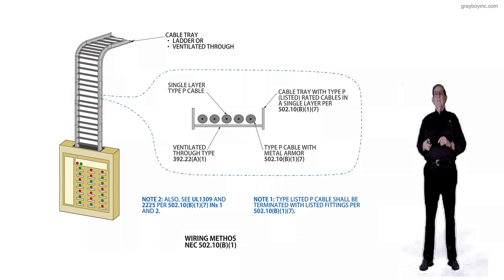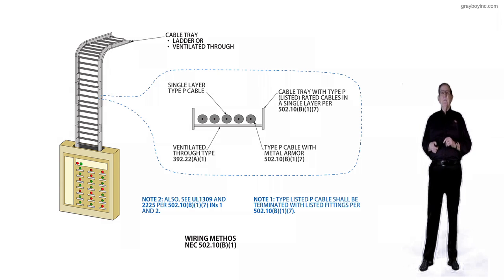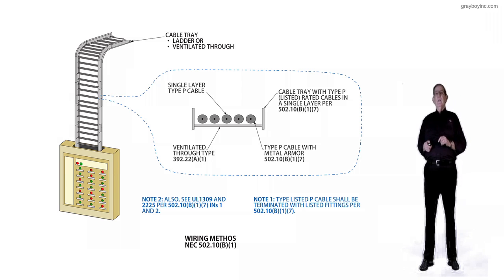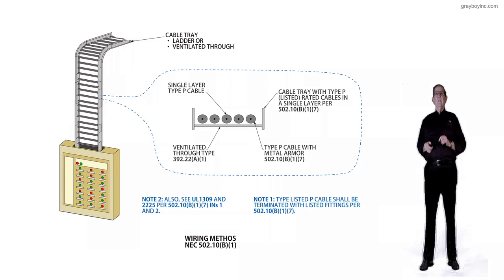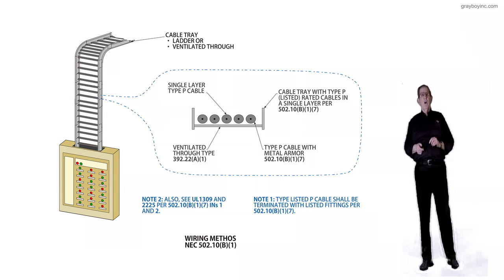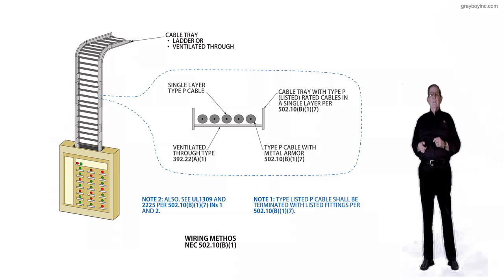And then right below it, we have a ventilated trough type cable tray that is talked about in 392.22(A)(1). And then, of course, the cable tray itself could be a ladder or ventilated type, as you see in the top callout with the arrow pointing toward the cable tray.